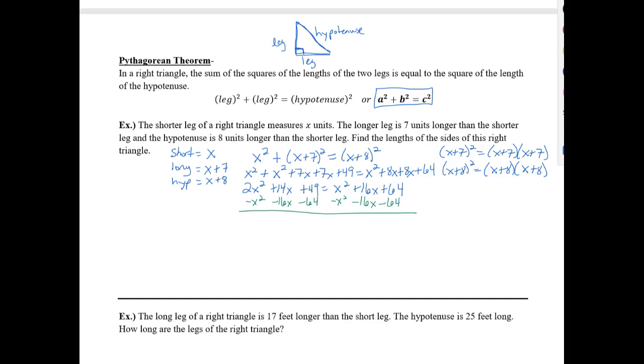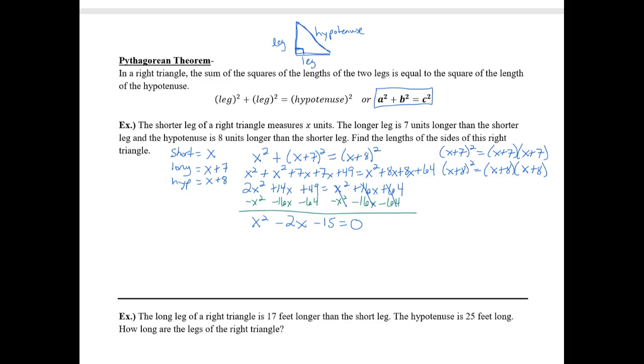And look at what's left. 2x squared minus x squared would just be x squared. 14x minus 16x is negative 2x. 49 minus 64 is negative 15, and the right side is 0, so it equals 0.